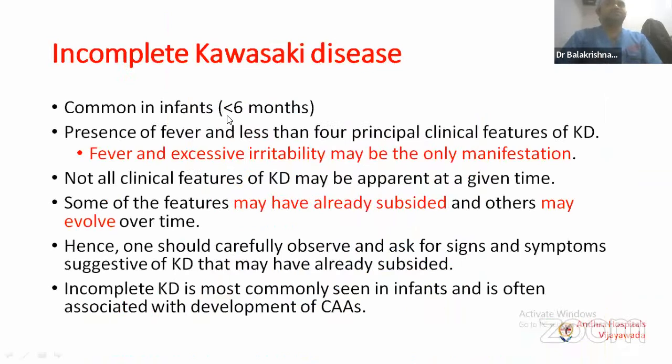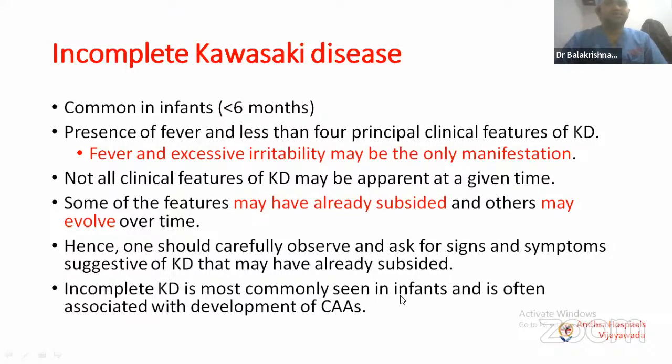Incomplete Kawasaki disease is usually more common in infants less than 6 months, with presence of fever and less than 4 principal criteria. Fever and excessive irritability may be the only manifestation, and not all clinical features of Kawasaki may be apparent at a given time. Some of the features may already have subsided, hence one should carefully observe and ask for signs and symptoms.